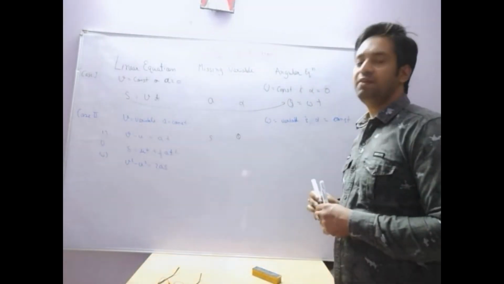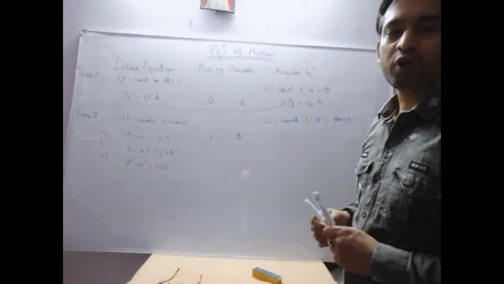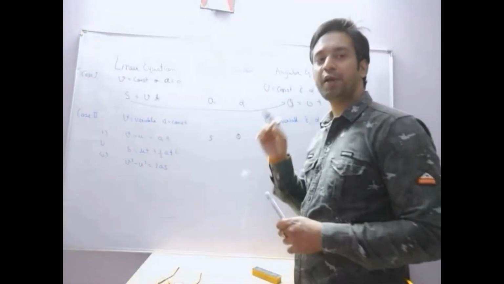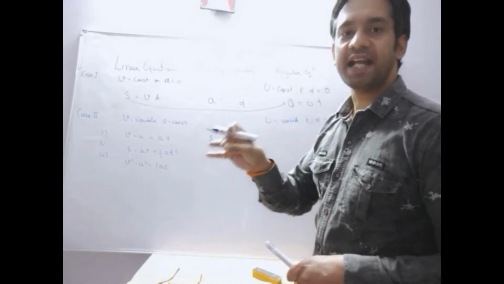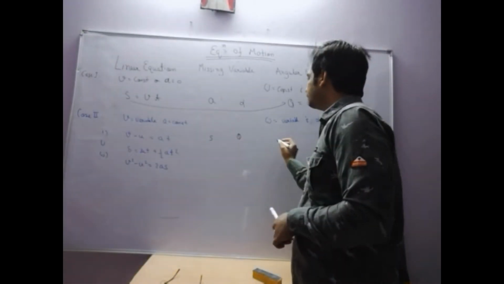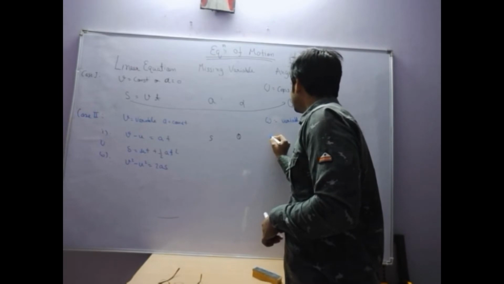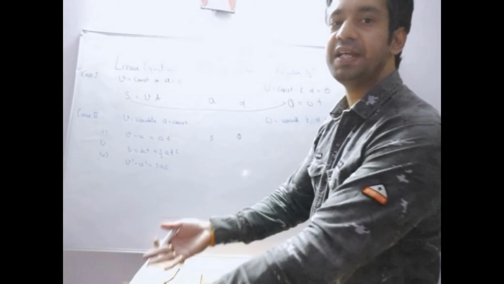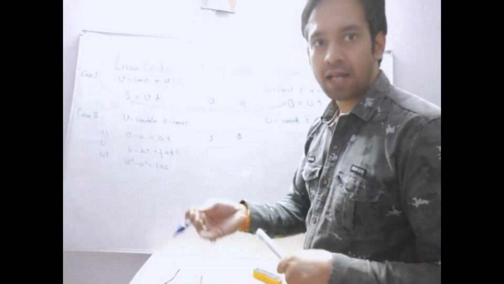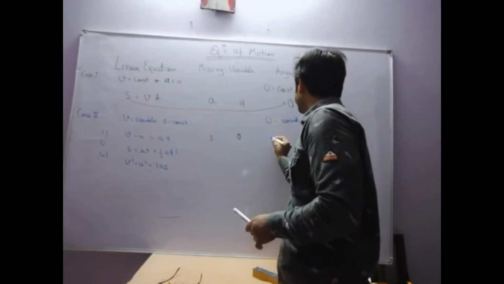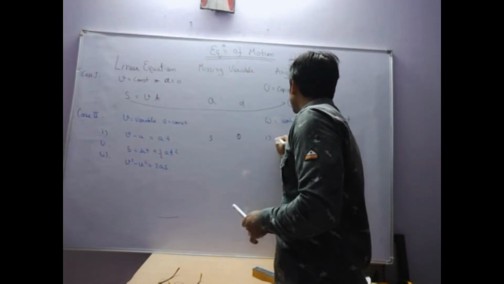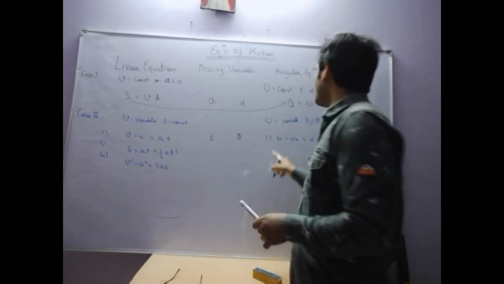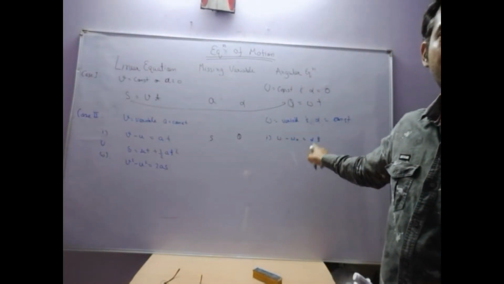So in place of v we put omega, and in place of u we put omega naught. Omega naught represents not only the initial velocity at time t equal to 0, but any velocity at the starting time, from where we start the calculation or question. Therefore, omega minus omega naught is equal to alpha t.